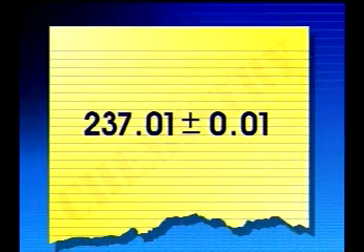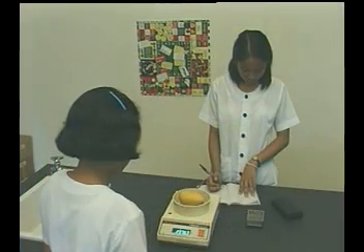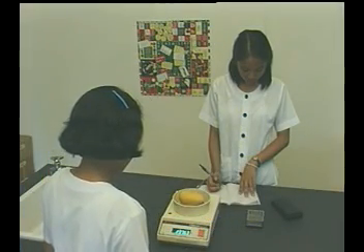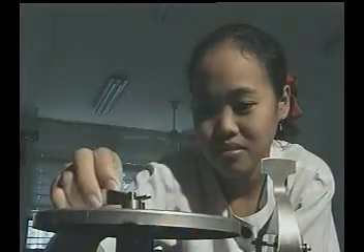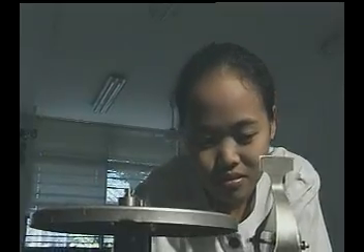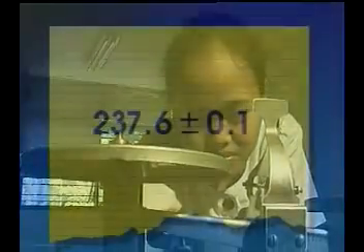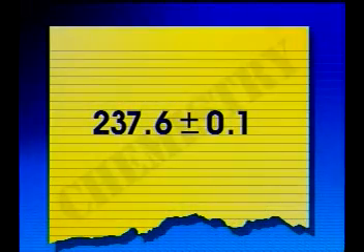We can then report the results as 237.01 plus or minus 0.01, the precise measurement for the mango using the top loading balance. From the measurement with the double beam balance, we can report 237.6 plus or minus 0.1 as a precise measurement.